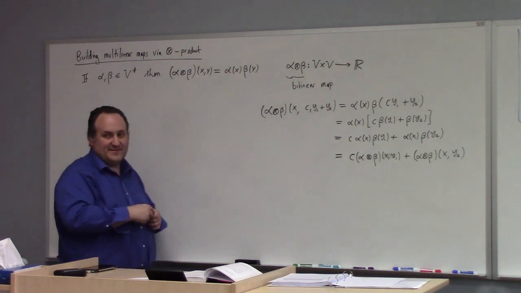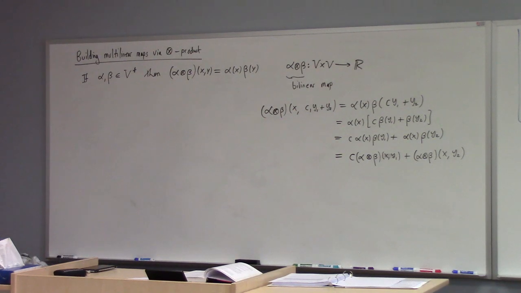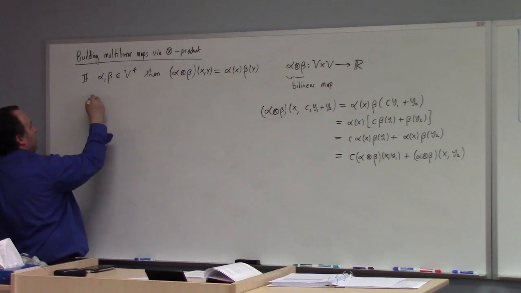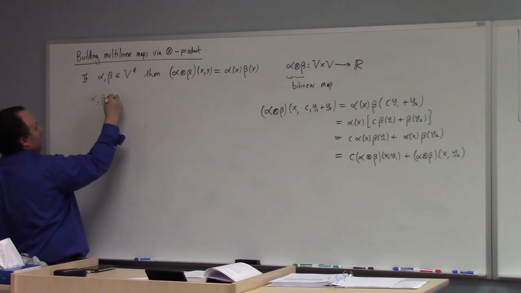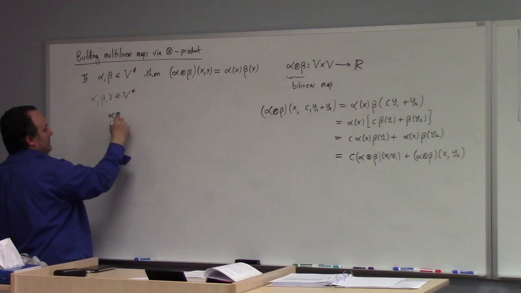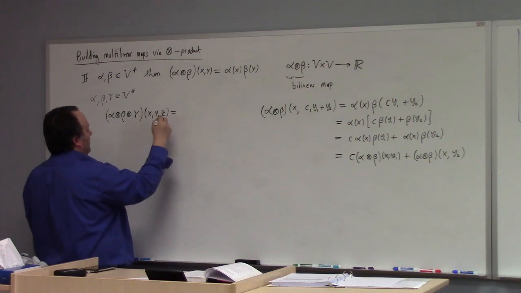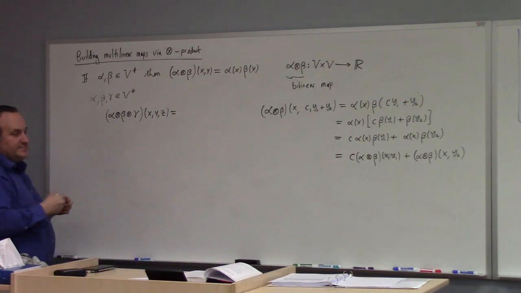Well, you did say multilinear maps, so there must be something for 3 or 4. Oh, well, this is true. We could take the tensor product of 3 dual vectors. If I had, say, alpha, beta, gamma in V dual, then alpha tensor beta tensor gamma would act on, say, x, y, z vectors according to what you tell me is the rule.